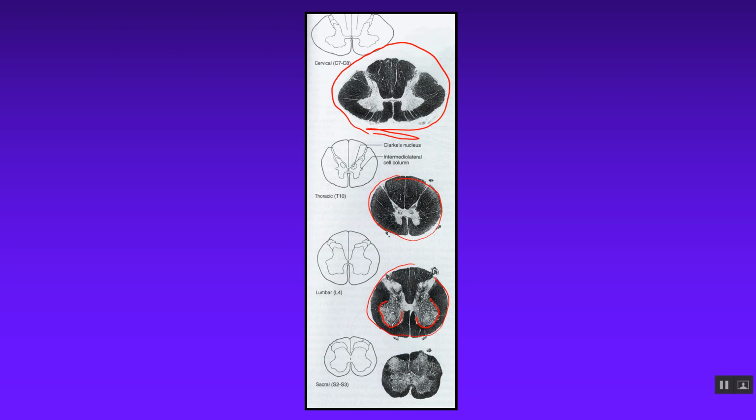You get these big anterior horn cells in there to supply those big muscles of your legs, hips, and thighs. When you get into the sacral segment, things get a little less clearly defined. The ventral and posterior horns are a little more washed out in that region. So if you saw a cross section, you could pretty quickly identify the level.